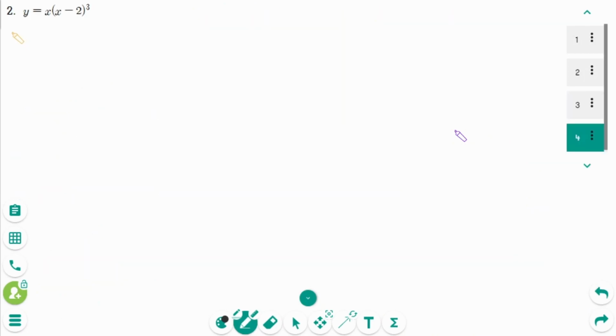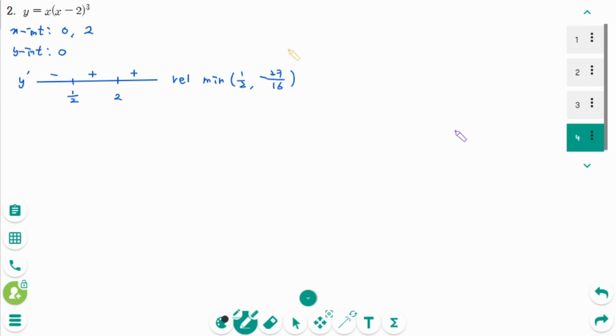Now we know x-intercepts are 0 and 2, y-intercept is 0, relative minimum is (1 over 2, minus 27 over 16). The inflection points are (1, minus 1) and (2, 0).